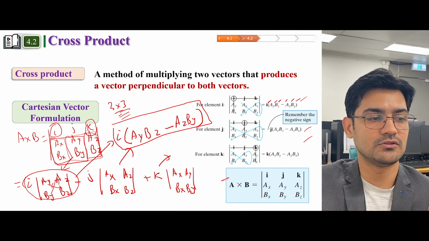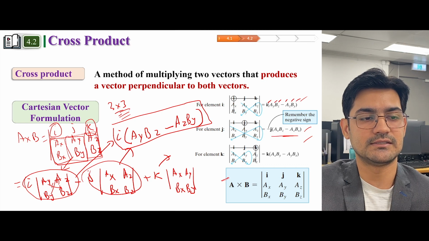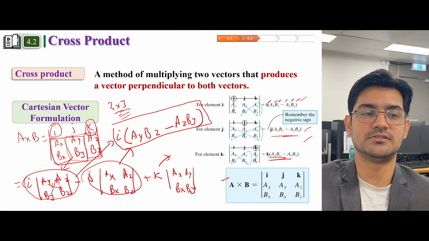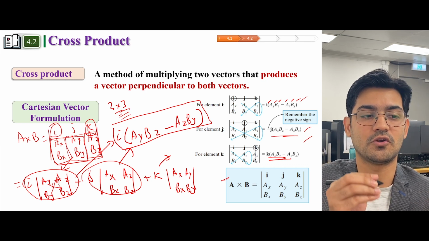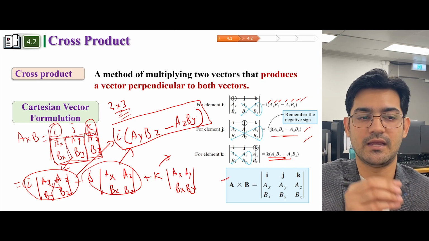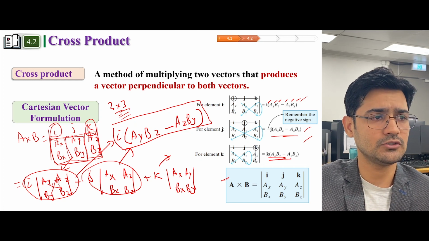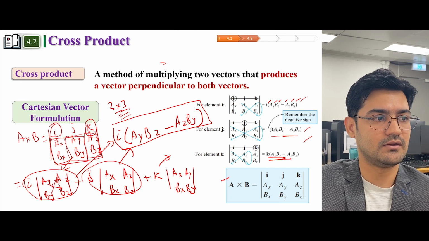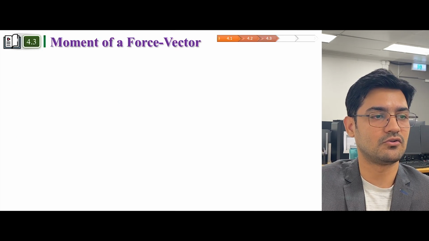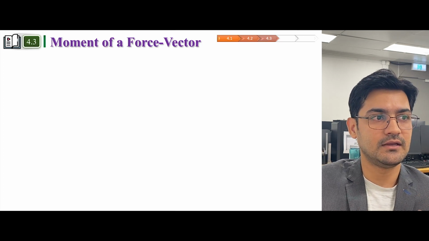And similarly, if you do the determinant for this, you will get this and this. So that's how you can calculate the cross product of two vectors by formulating a determinant of a matrix. These are some of the methods, and you can use these methods to calculate the cross product. Now we have understood the cross product.